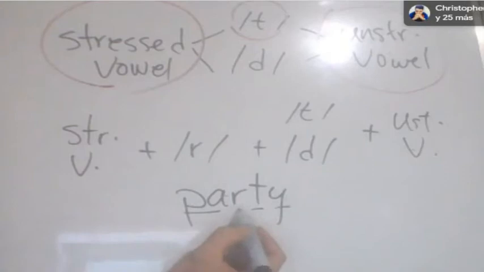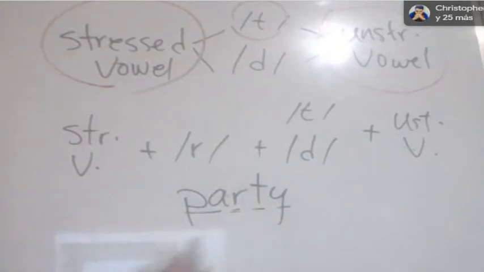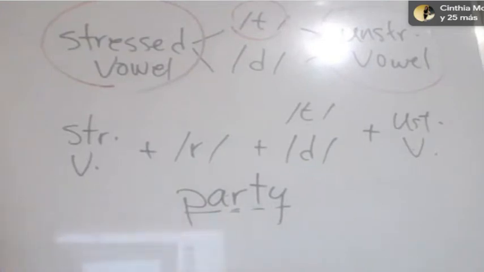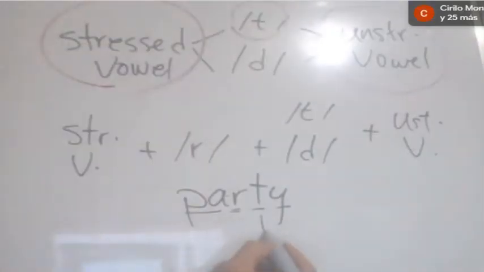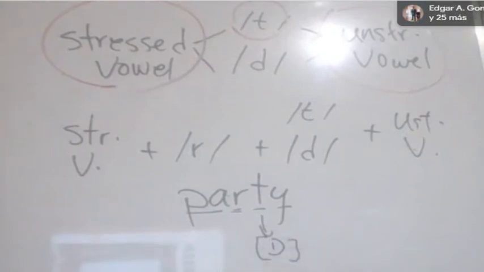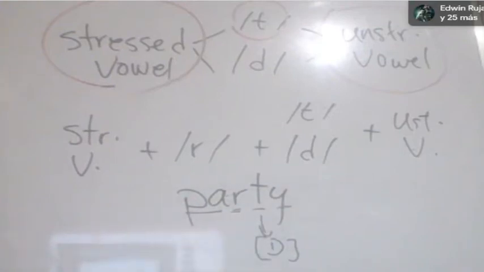However, in between, right, in the middle, there is an R. So this R does not change the environment right here. So you can in fact have this as a flap but not replacing the R, okay? The R should be there. That's what I told you before.